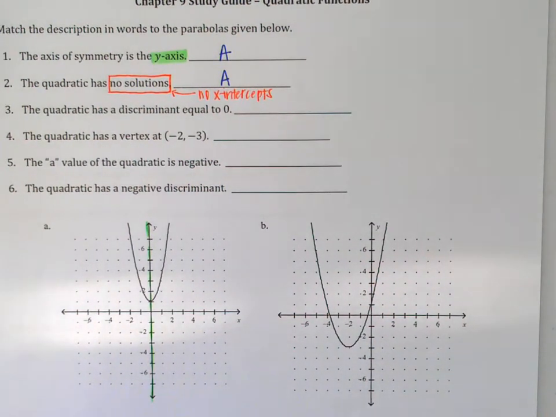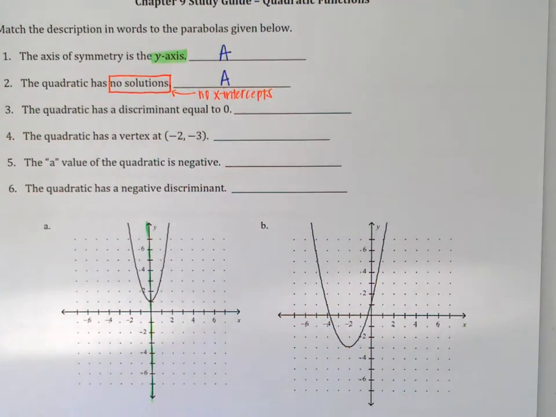Okay, the quadratic has a discriminant equal to 0. This is kind of like bringing it all together, right? So in one of the last videos last week, we talked about the discriminant and how many solutions there will be. So if the discriminant is positive, there are 2 solutions.